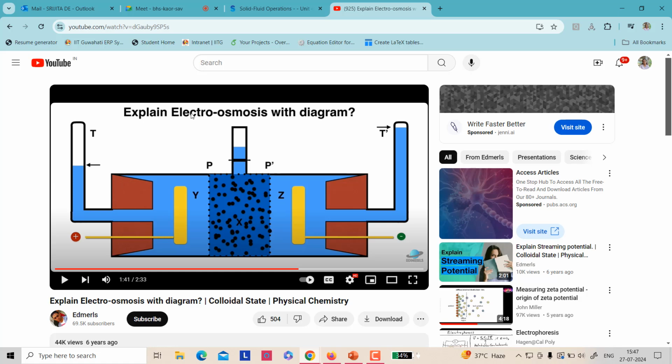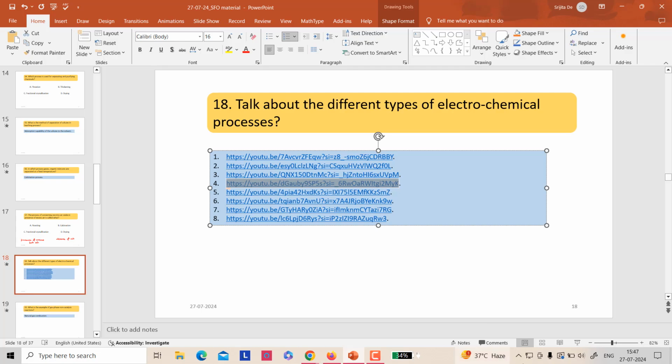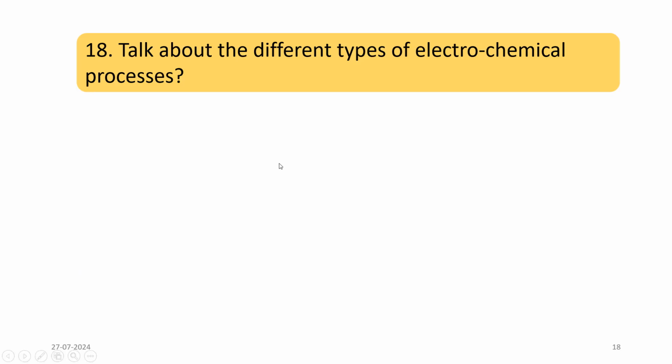So this means the electric potential, that is the voltage, is playing here. Not in case of normal osmosis, where we separate with respect to the concentration gradient. Okay.